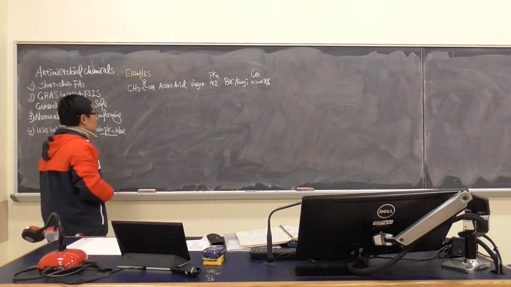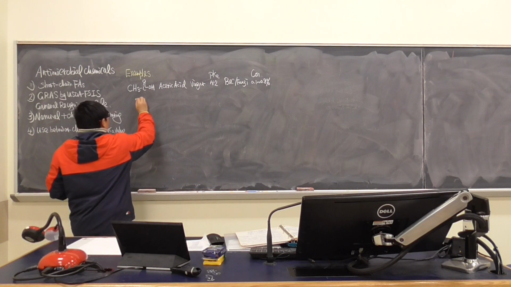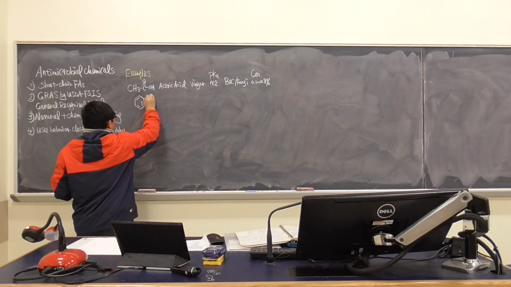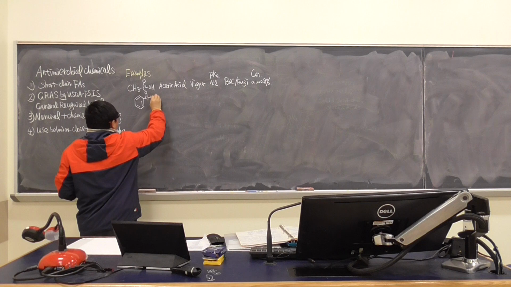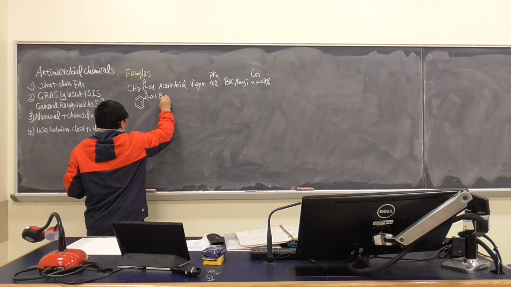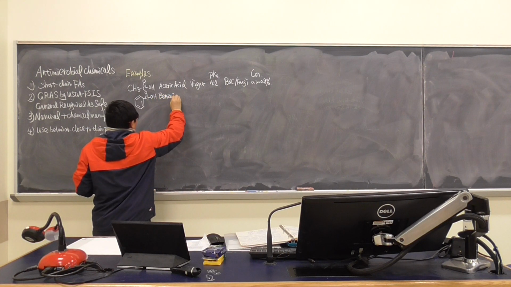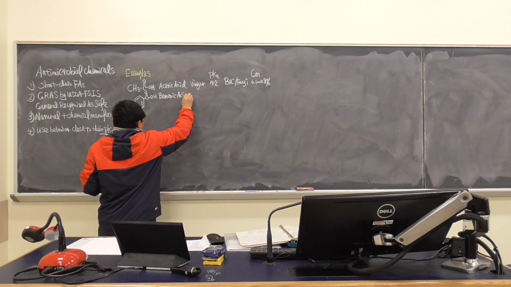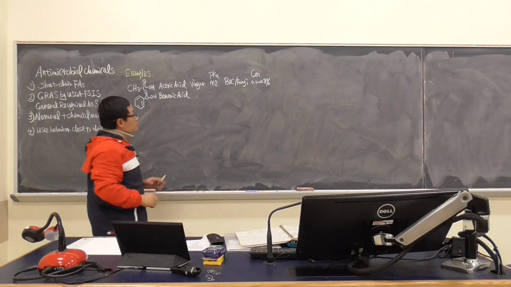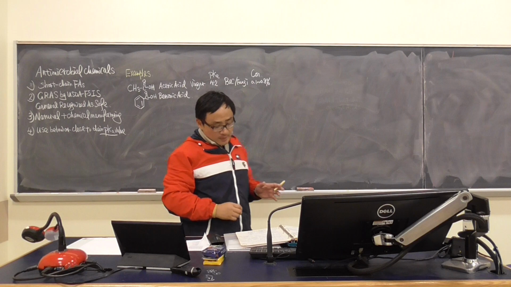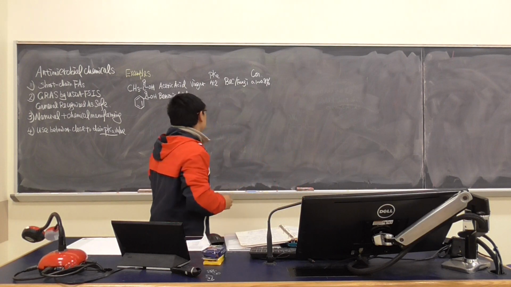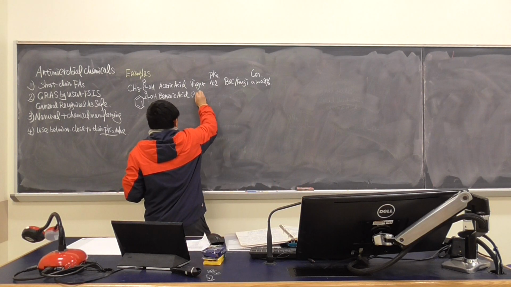Okay, the second one, related to acetic acids, is we have a phenyl group, then we go COOH. That's benzoic acids. Where is the benzoic acids comes from? It comes from a berry, which is a cranberry.